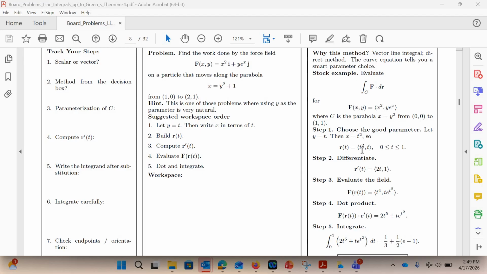So let me go back to my solutions and see if I can. Oh, and I put all the answers to the concept questions on here so that you can look at them.